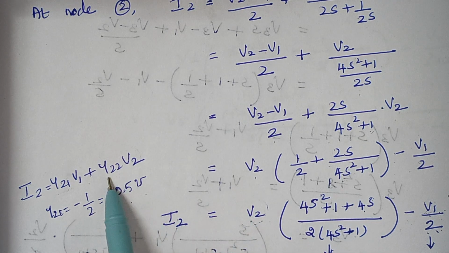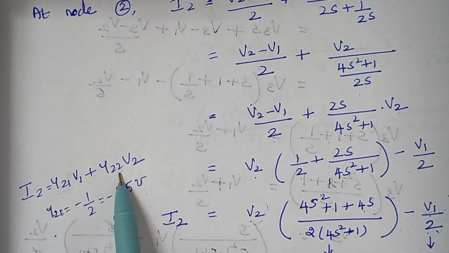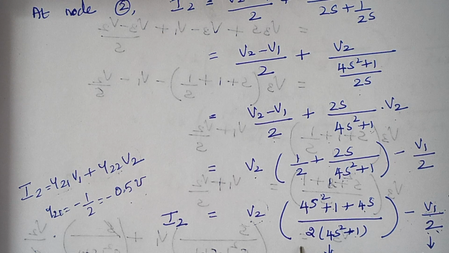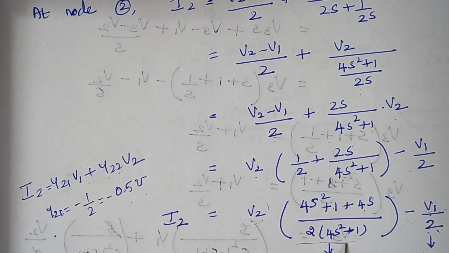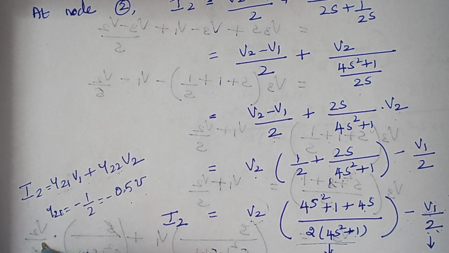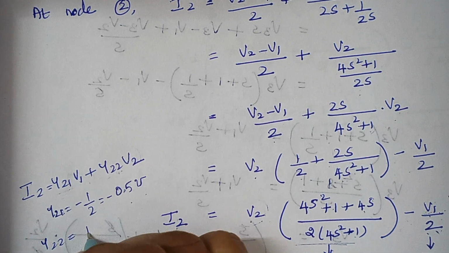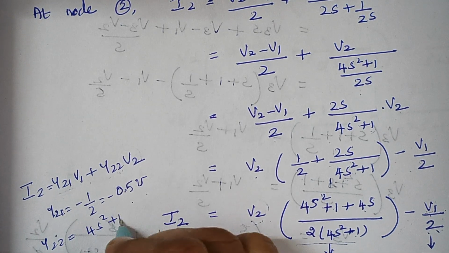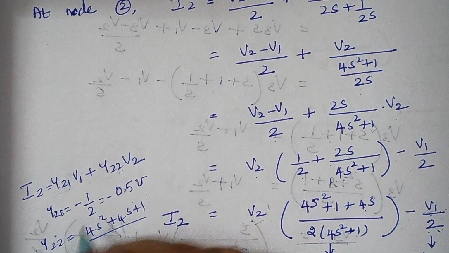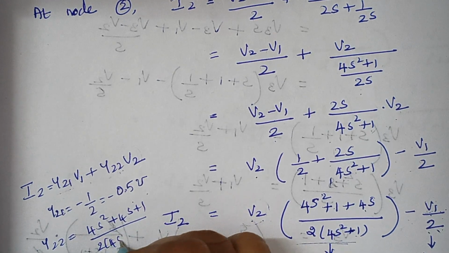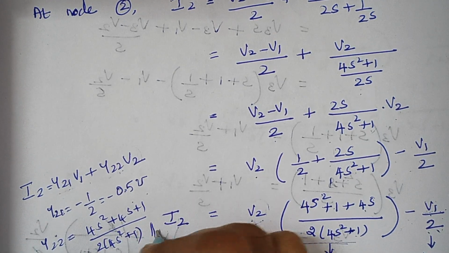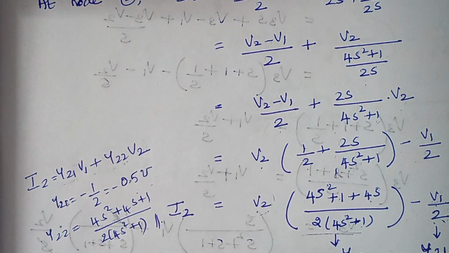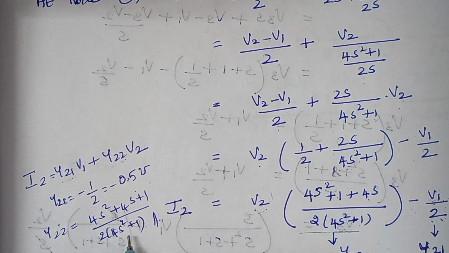So the coefficient here is Y22. In the place of Y22, I am having this expression. So the value of Y22 is 4s square plus 4s plus 1, the whole divided by 2 into 4s square plus 1. So this is your expression for Y22.